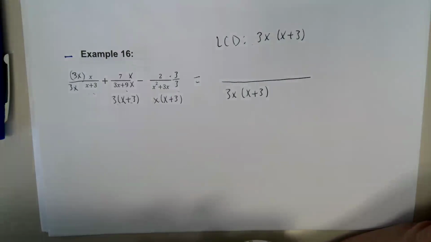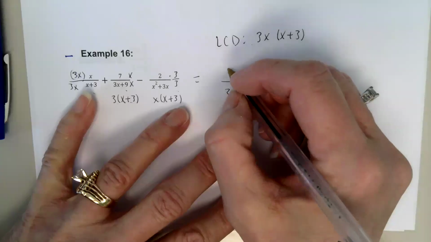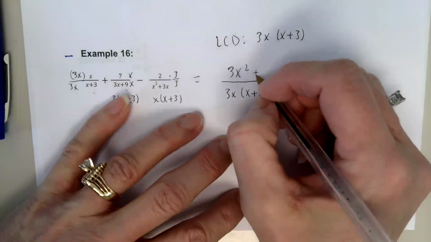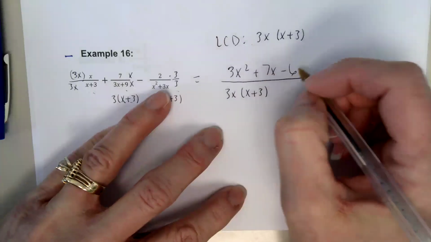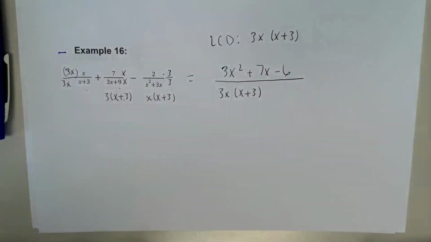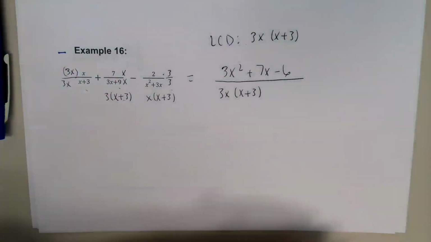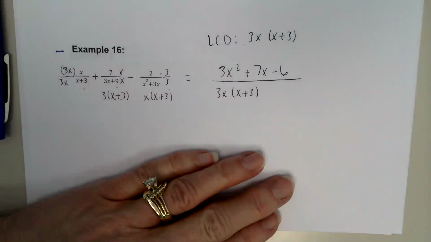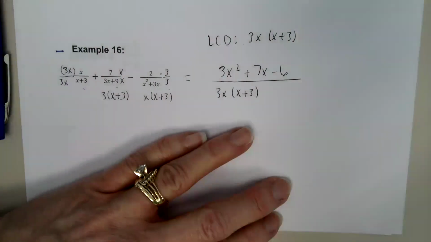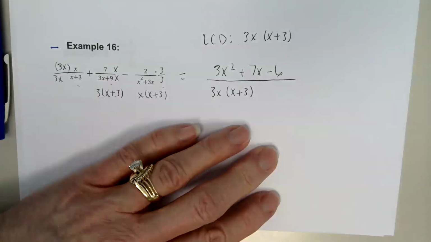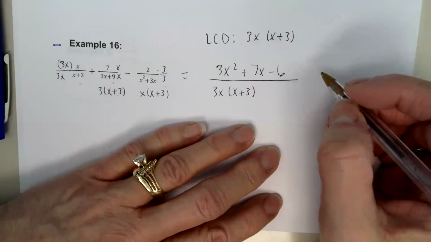So we have 3x squared plus 7x minus 6. Not sure if we can factor.